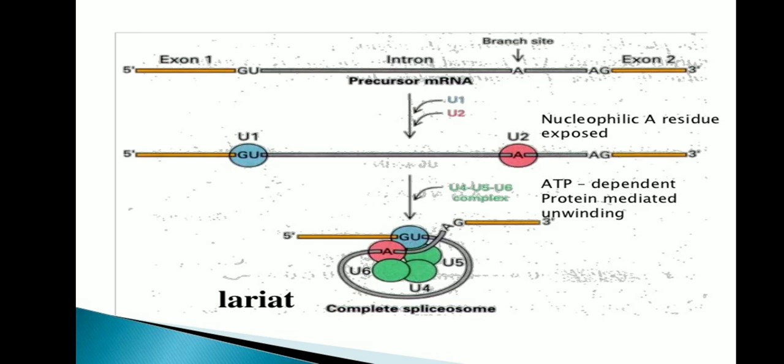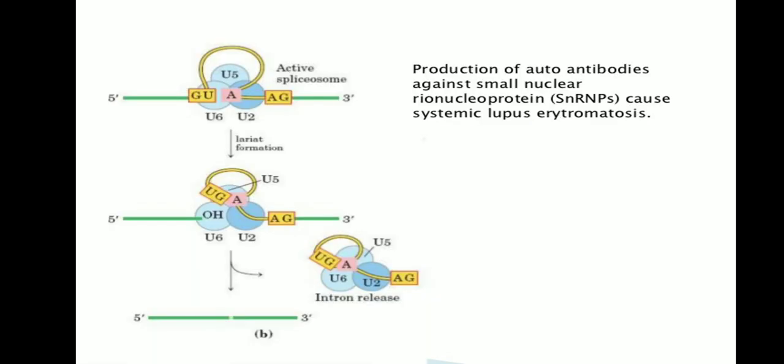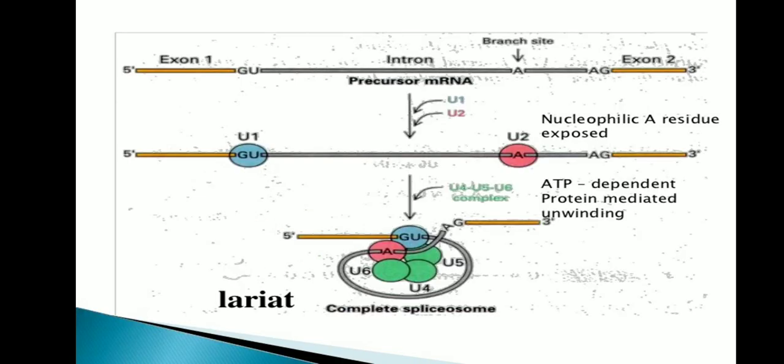So in the E complex, the U2AF, yes, you can see in this PPT, these proteins will bind first at the branch site, okay, and another splicing factor, SF1, also binds to the E complex, and the connection between the U2 and the U1 bound at the 5' splice site.